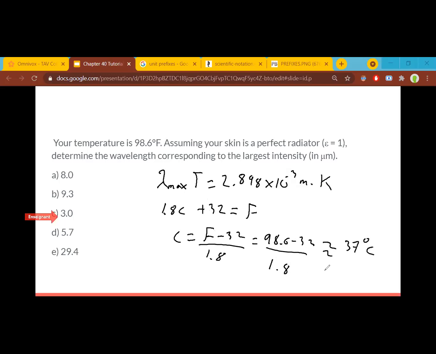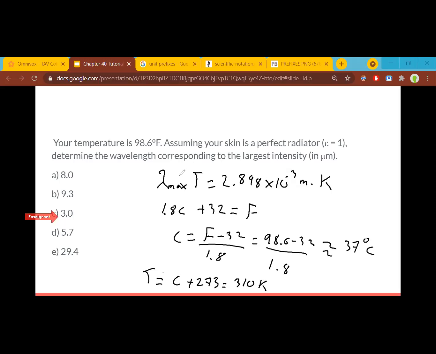But we're not done yet, because we need to convert to Kelvin. So the temperature in Kelvin is the temperature in Celsius plus 273. And so we would get 310 degrees Kelvin.